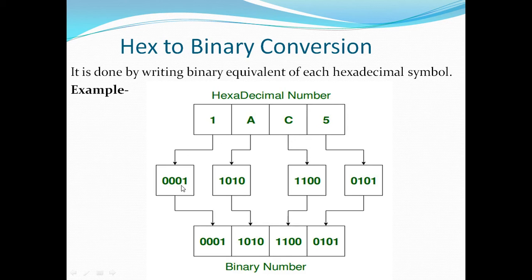And 1 can be represented as 0001. Finally, compile all these numbers together, and this is the binary equivalent for this hexadecimal number. So what we have to do is simply write the binary equivalent of each hexadecimal digit, and compile them finally together to make the binary equivalent.